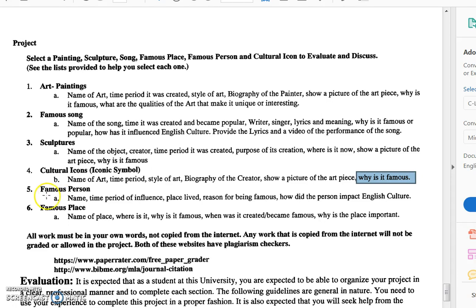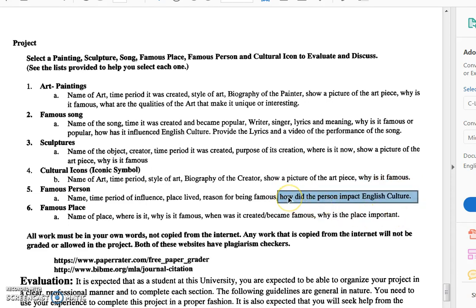So when you're writing about this famous person, tell me their name, the time period when they were alive, where they lived, why they are famous, and, here's the important part, how they impacted English culture. This is critical.